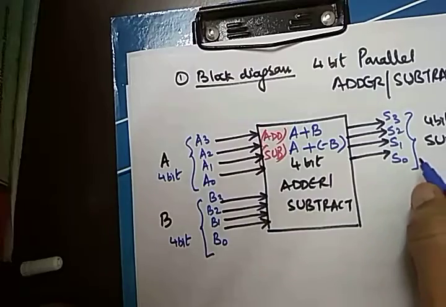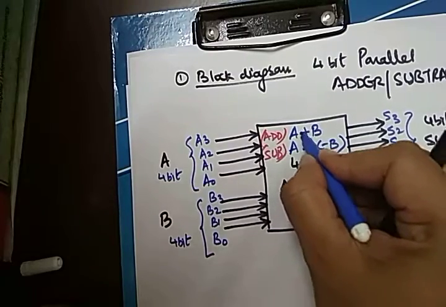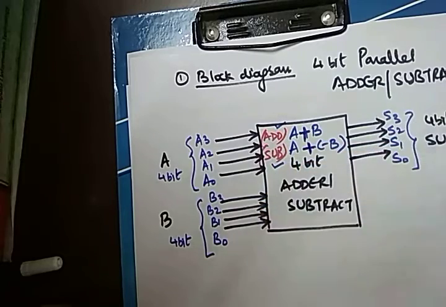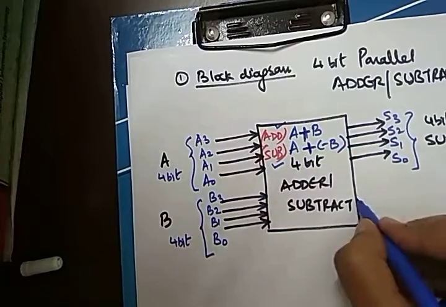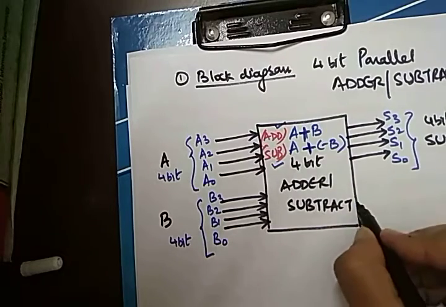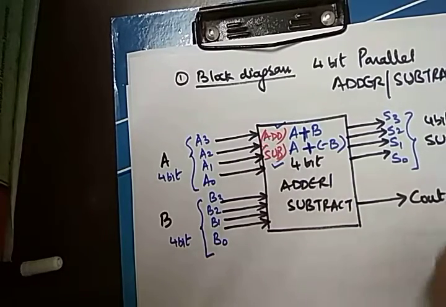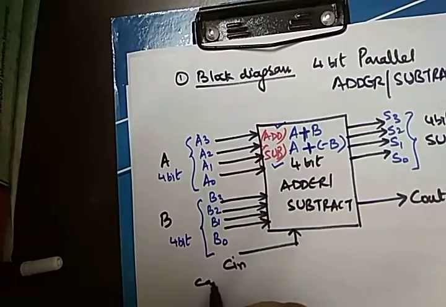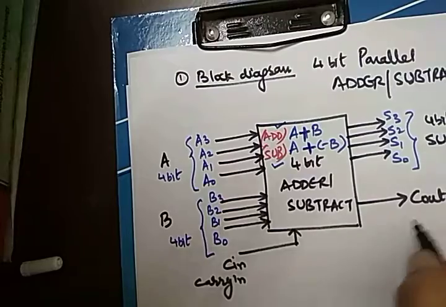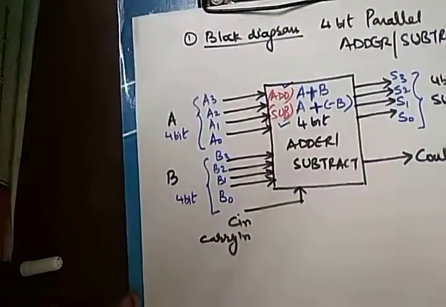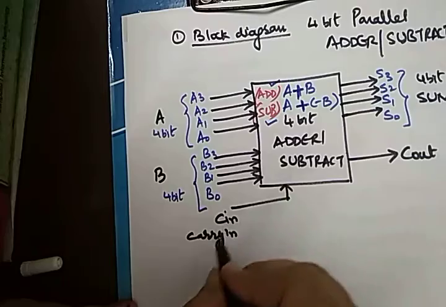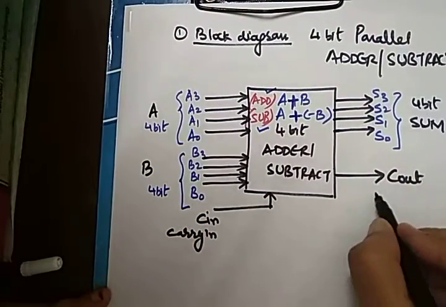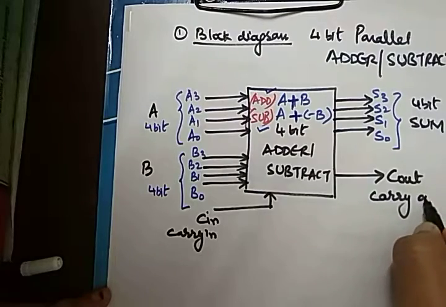It is performing the function of addition or subtraction. A carry is generated as Cout, and there is another carry which is the input carry in. Cin is the carry in, and Cout is the carry out.